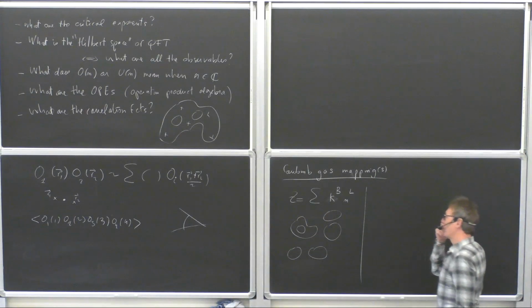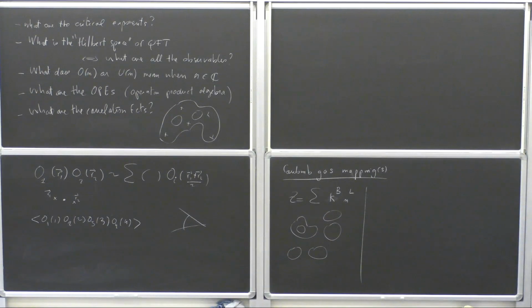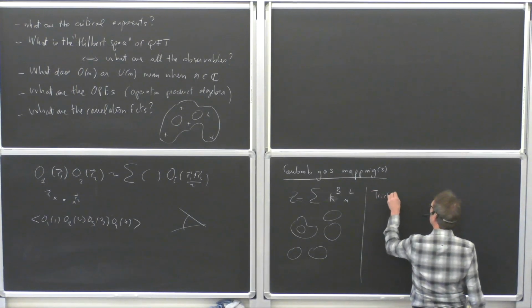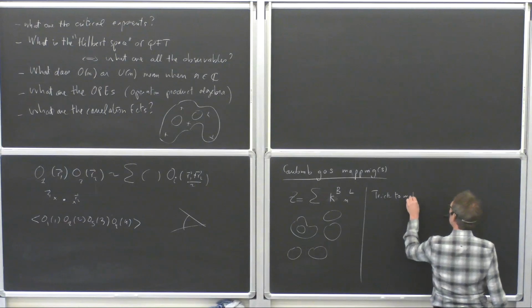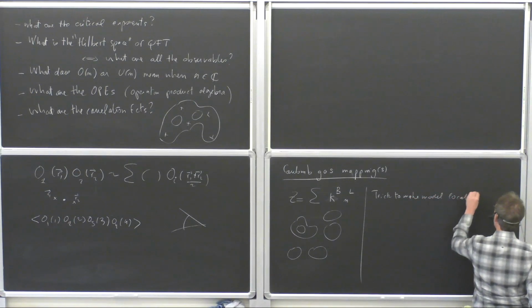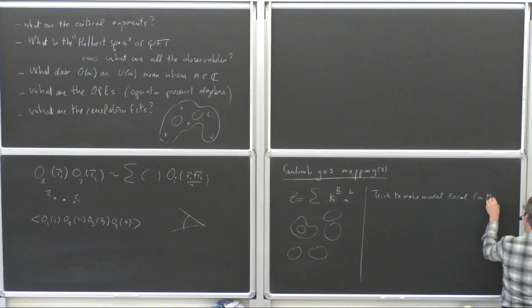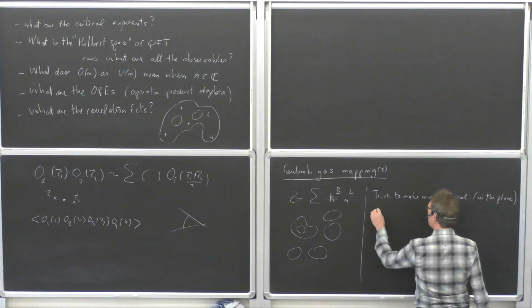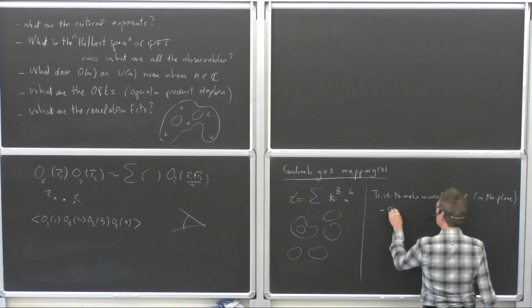So how to make this problem local is in fact extremely easy, although it's also very subtle. But the trick, in the plane, and there's a lot of caveats here, the trick to make the model local in the plane consists first in orienting the loops.